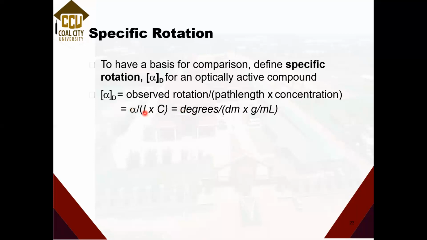Our length is measured in dm, decimeter. Please do not make the mistake of measuring your length in meters. The unit for your length is supposed to be decimeters, and your concentration is in gram per mL, not in mole per dm cube. Concentration is measured in gram per mL, length is measured in dm, and your alpha is always in degrees.